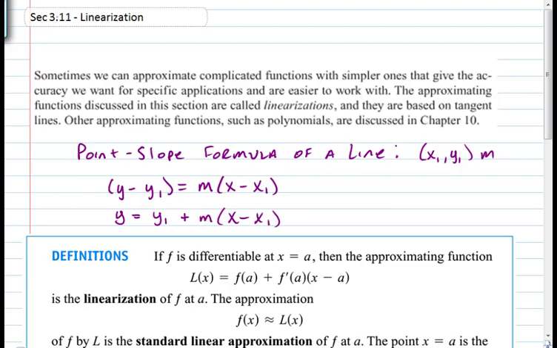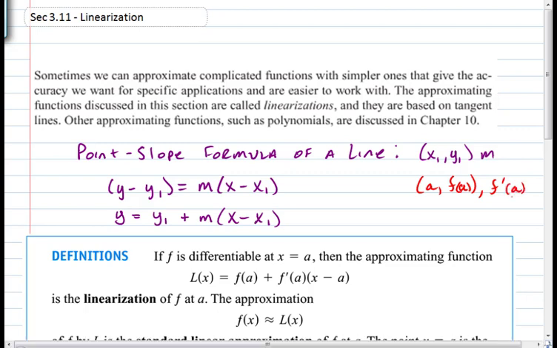And if I told you that our point, instead of being a point x, y, what if I told you that it was f of a? And I told you that the slope was the derivative evaluated at a. This is your point. And this is the slope.